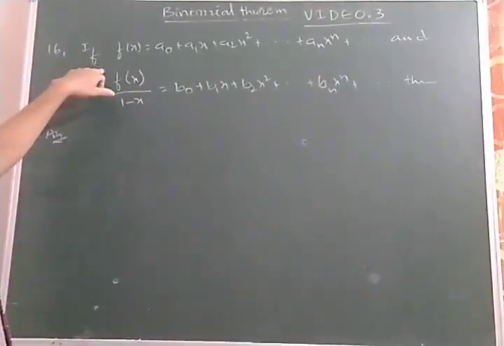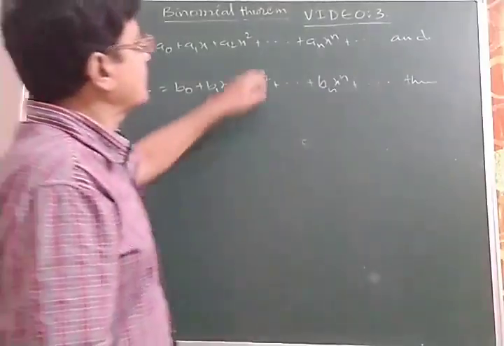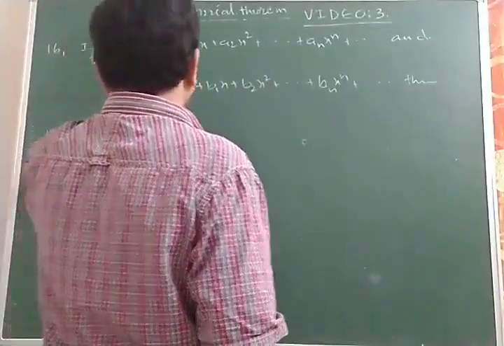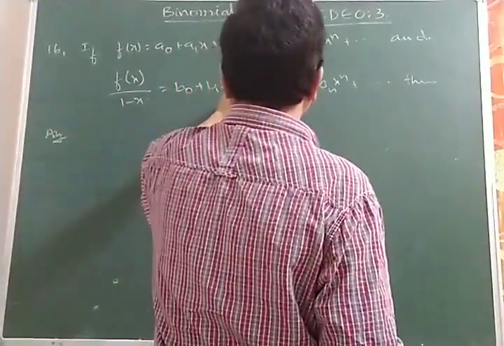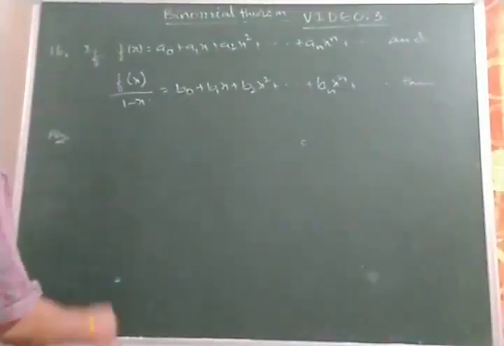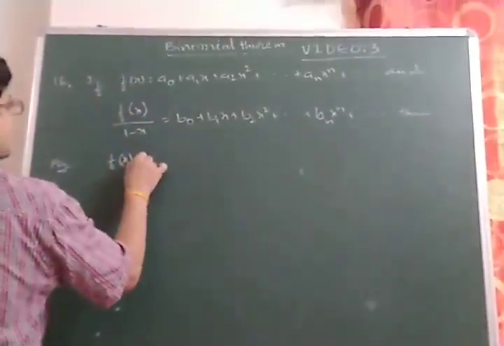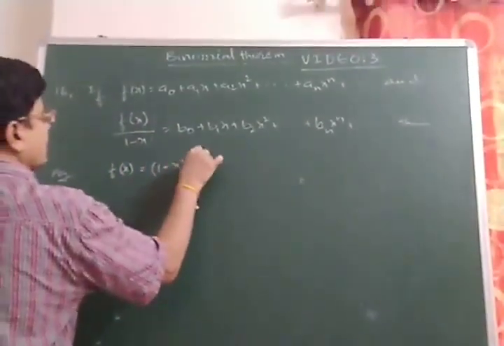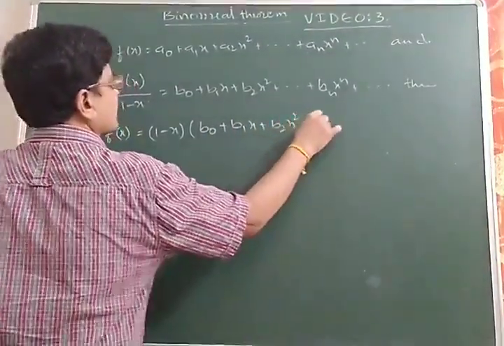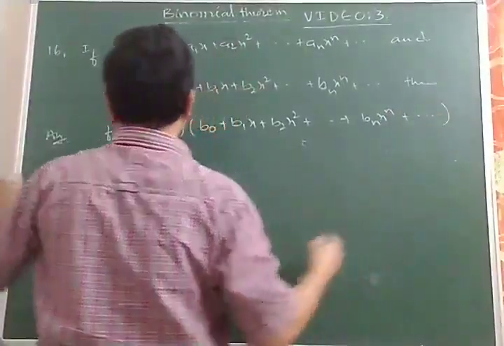Question number 16. If f(x) is equal to a0 + a1x + a2x² + so on + an x^n + so on, and f(x)/(1 − x) is equal to b0 + b1x + b2x² + so on + bn x^n + so on, then for example, f(x) is equal to (1 − x)(b0 + b1x + b2x² + so on + bn x^n + so on).